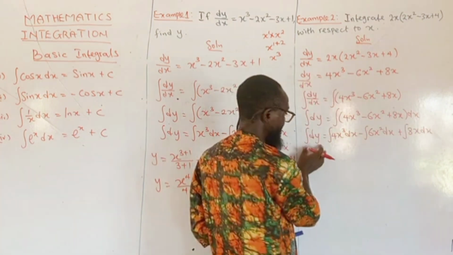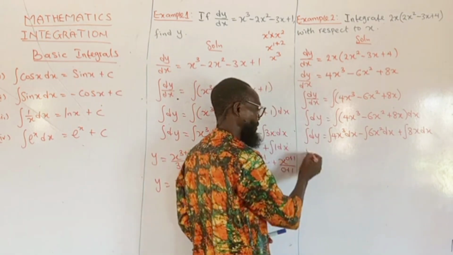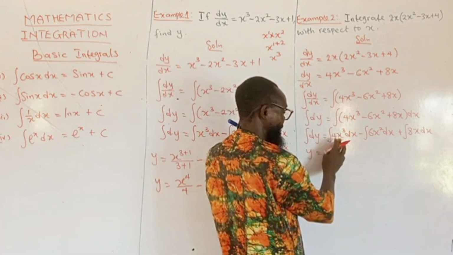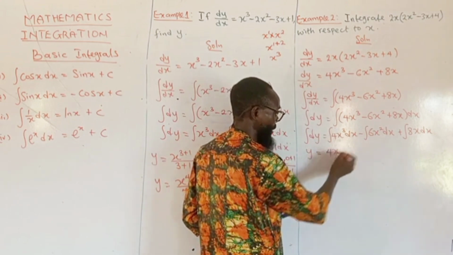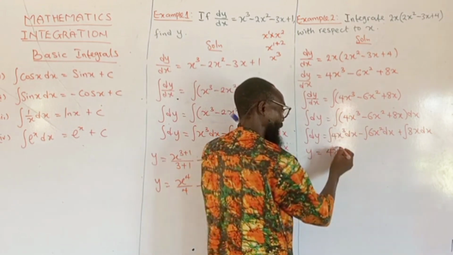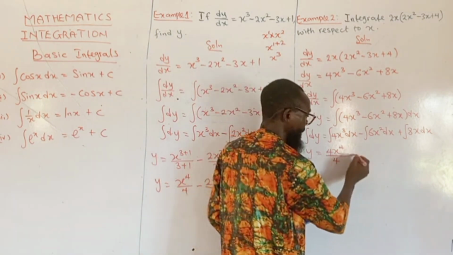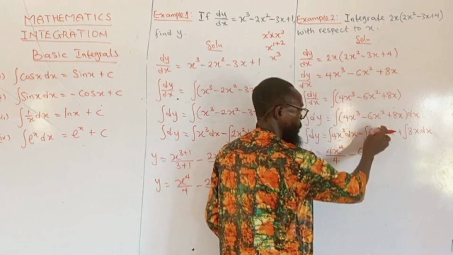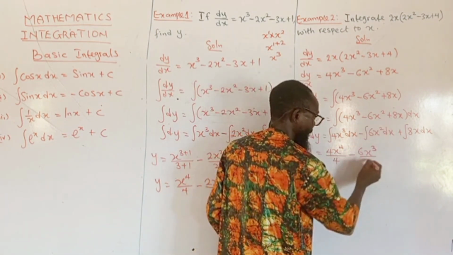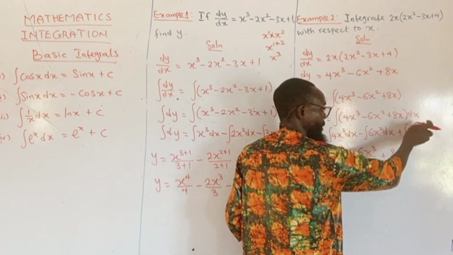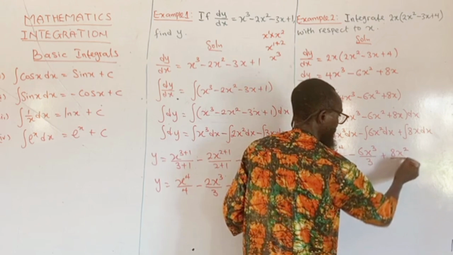Fine. When we integrate dy, we have y equals 4x to the power 3 plus 1 over 4, minus 6x to the power 2 plus 1 over 3, plus 8x, with power 1 already, 1 plus 1 over 2.